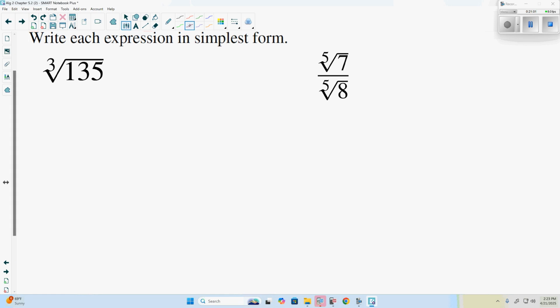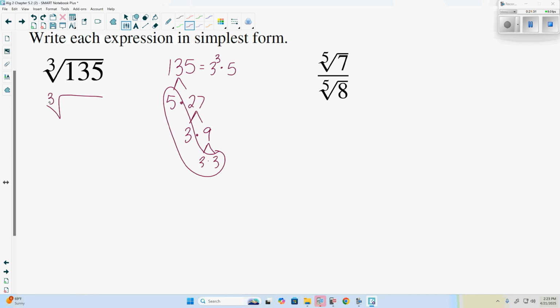But if we do the same method we've been doing, I take 135 and do the factor tree. Well, 2 is not going to be a factor because it's not an even number. I would pick the first prime number that we see, which is going to be 5 times 27. 27 hits 3 and 9, and 9 is 3 times 3. So our prime factorization would be 3 cubed times 5.